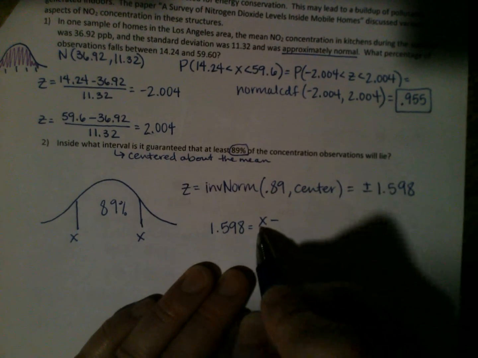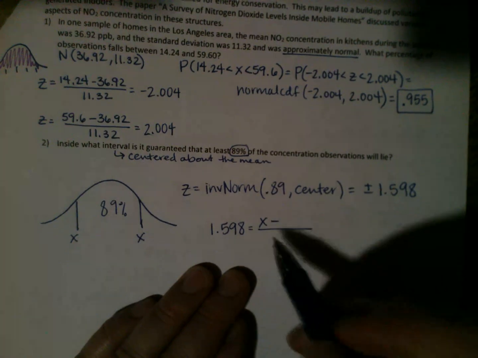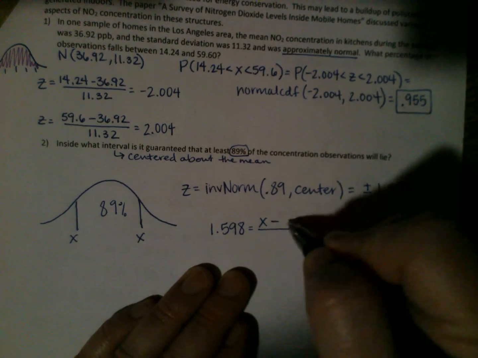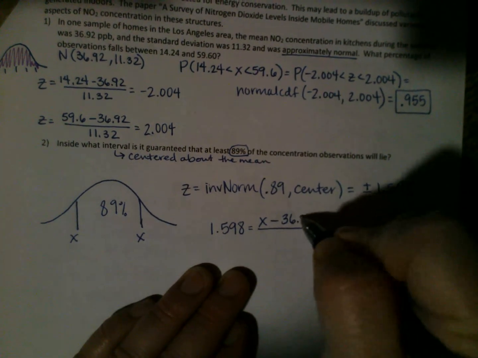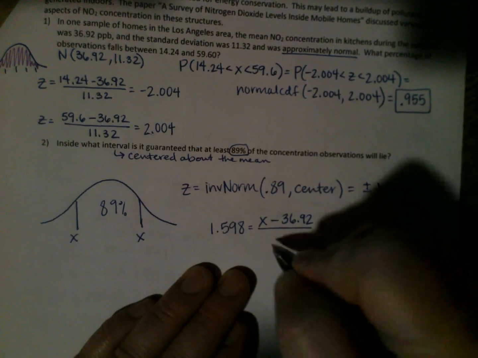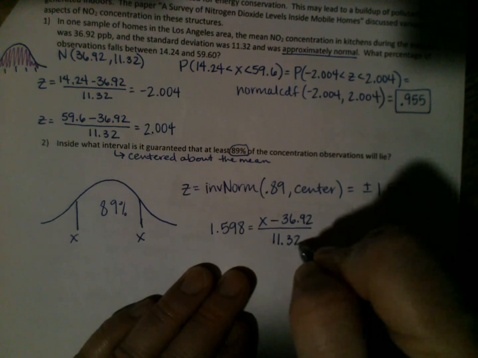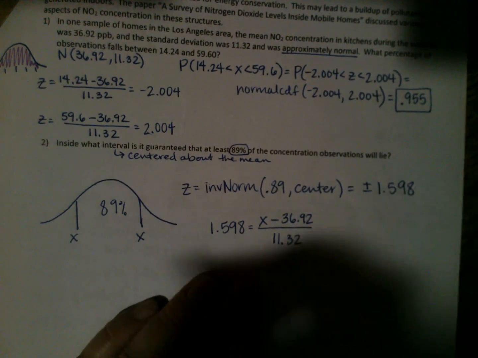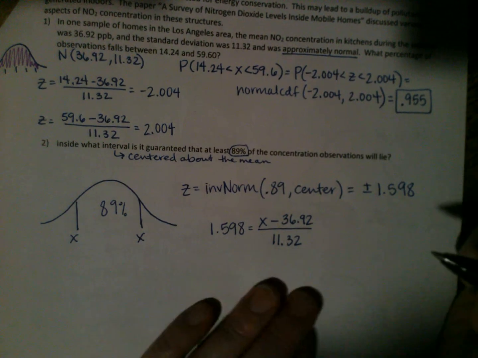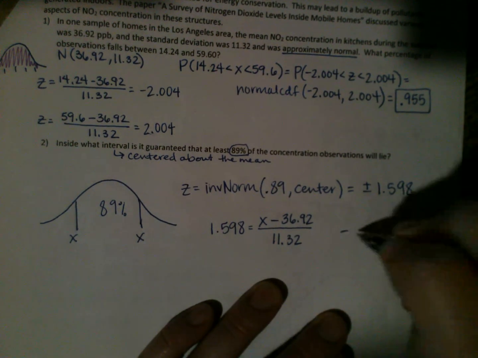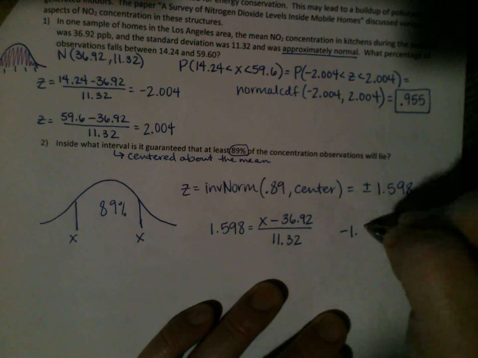So I'm going to set up the z-score formula. X minus the mean of 36.92 divided by the standard deviation 11.32. And I'll come back and solve that one in a minute. My other one is going to be the other z-score.